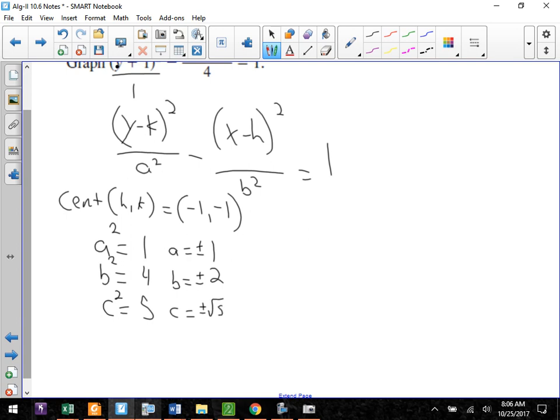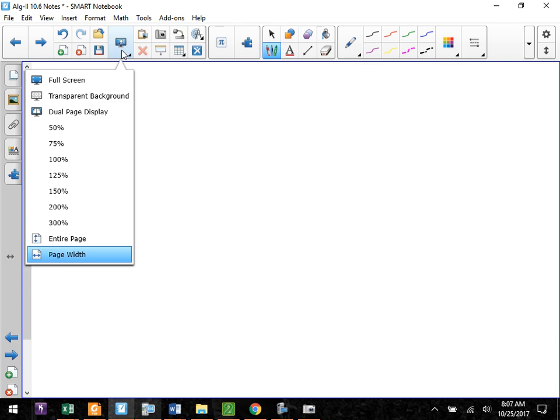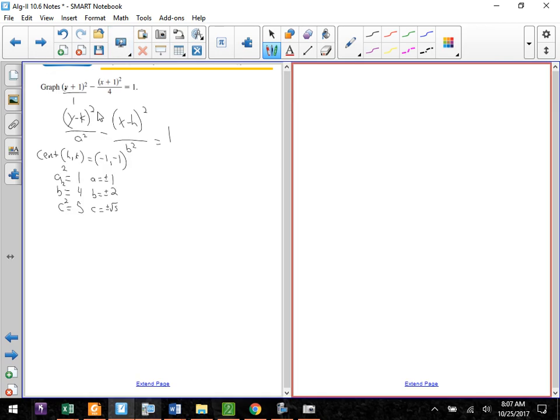Now we have enough information to graph this. When we go to graph this, we start by locating the center, then we walk back and forth. So our center is -1, -1. From that, this is y squared, so is this opening up and down or left and right?